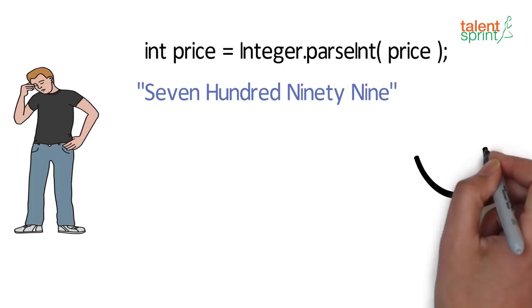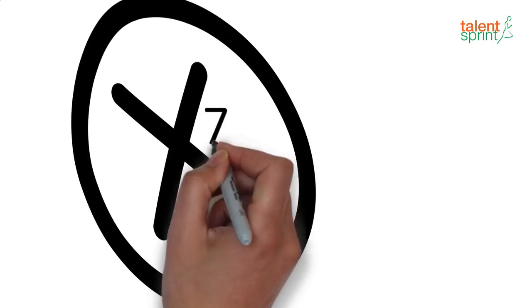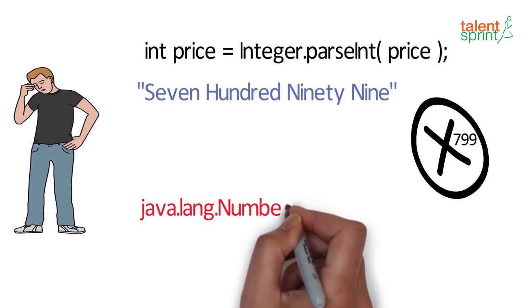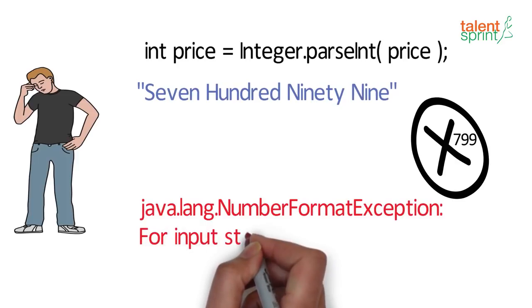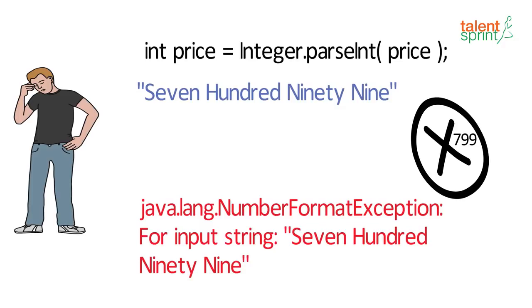So when you call your parseInt function, it won't find the actual integer value that it is looking for, and the program throws an error at runtime that says java.lang.NumberFormatException. So when you get this error, you know where to go back in your program and find out the actual problem.